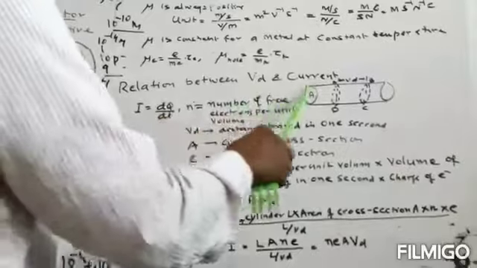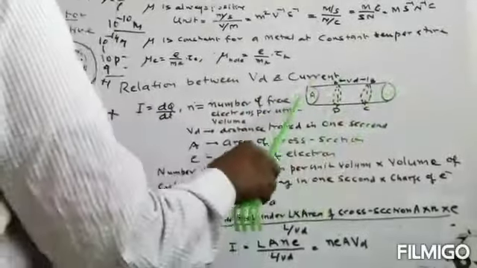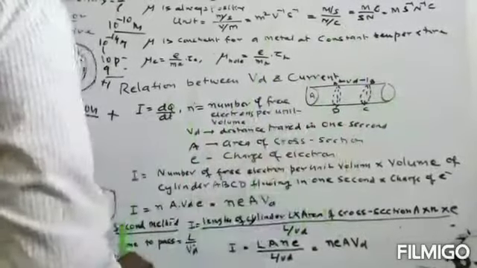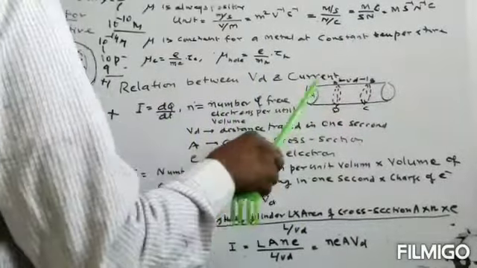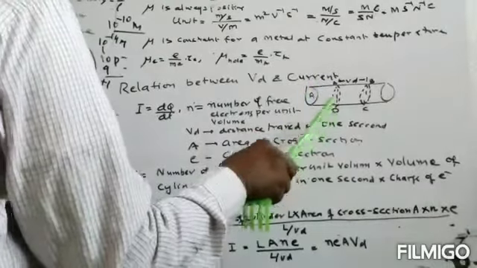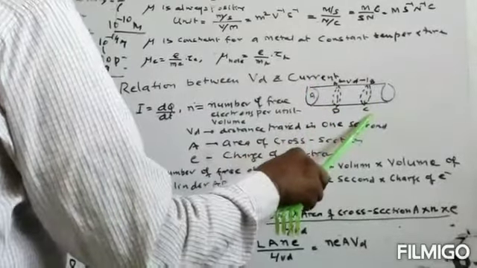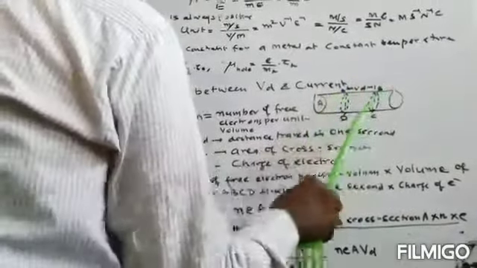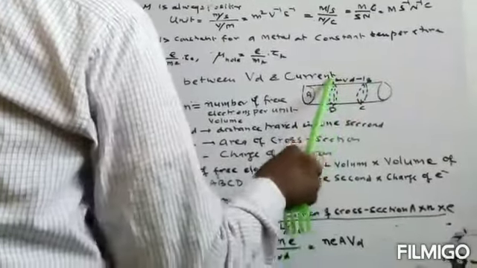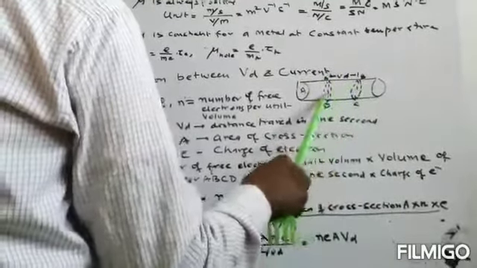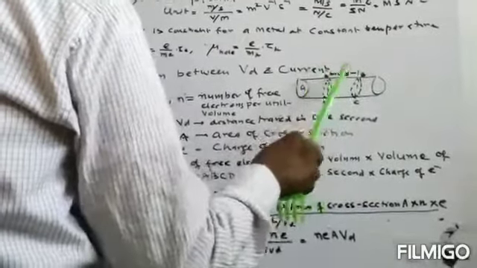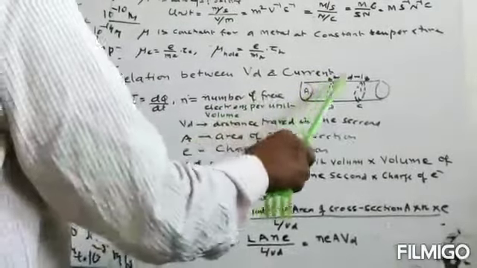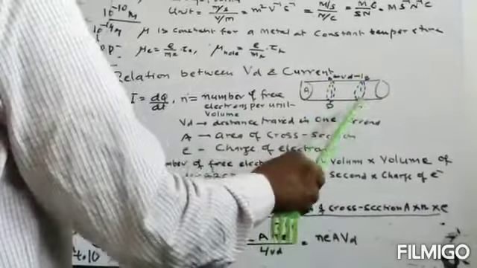So suppose we take this conductor, its area of cross section is A, its length is L, and if we take from this position A to B, or C to D, this distance is the drift velocity. Drift velocity is the distance from A to B and C to D.